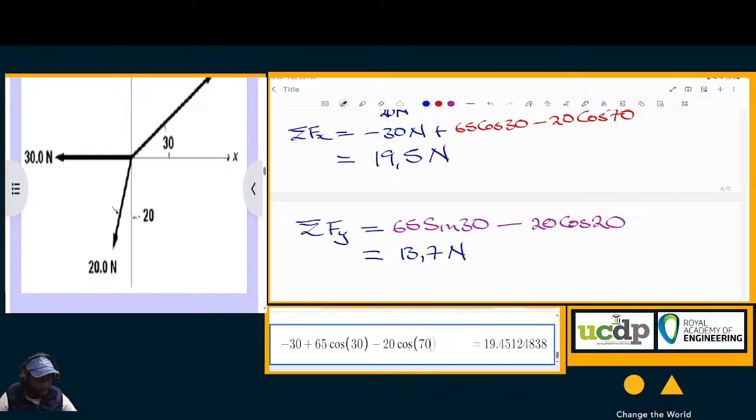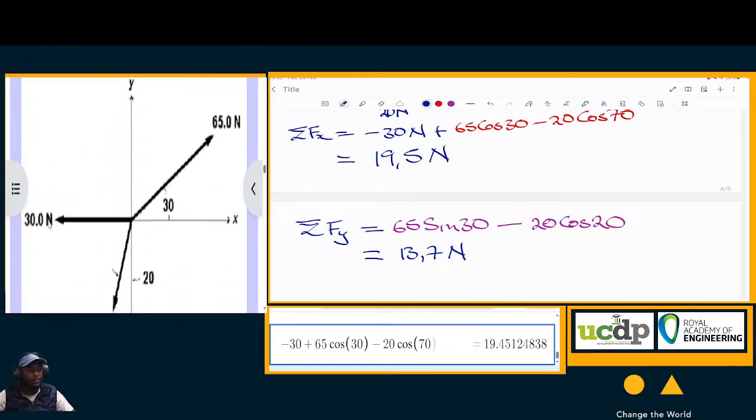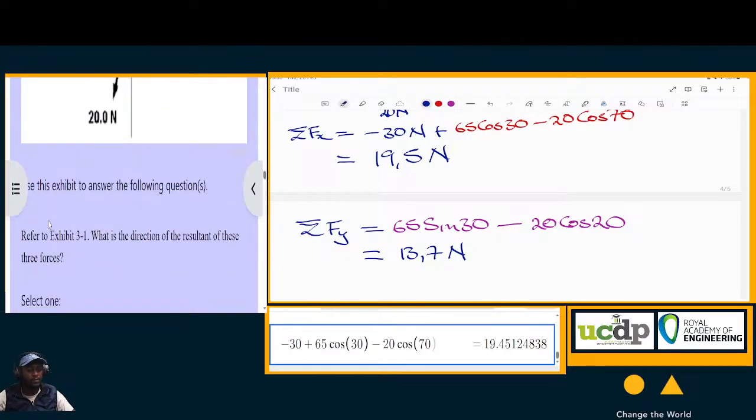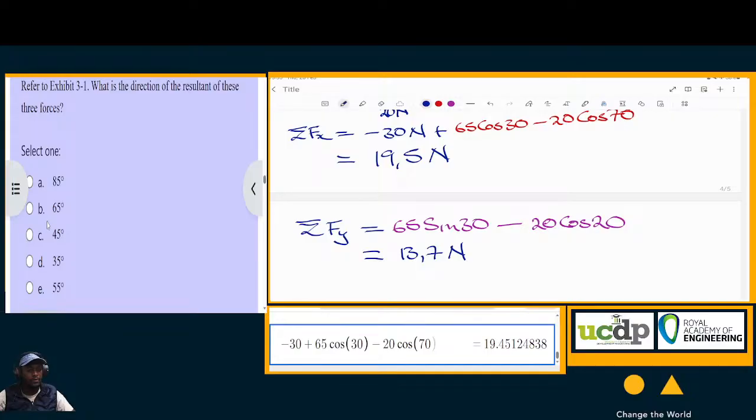Right, what do we do next? What is the question asking for? Let's look at the question. The question says, what is the direction of the resultant of these two forces?